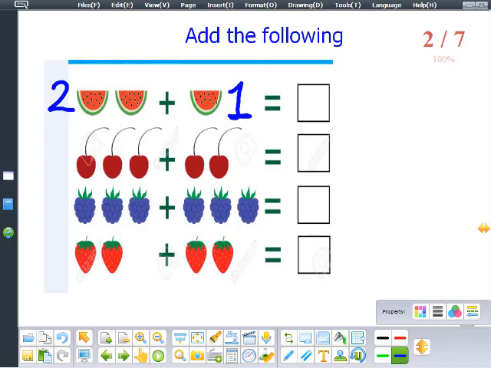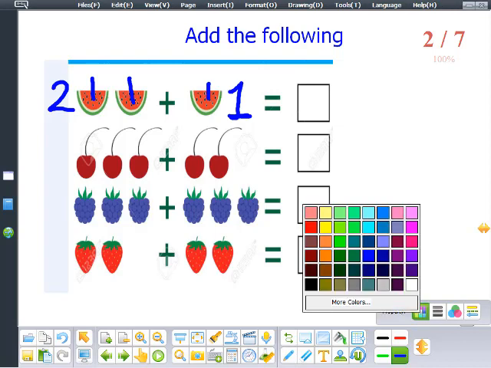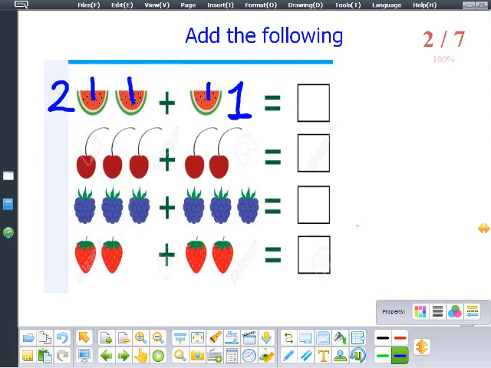I count all the pictures I have, all the watermelons. 1, 2, 3. How many watermelons do I have? 3. Excellent. Now I have 3 watermelons. Let's write number 3. Wow.